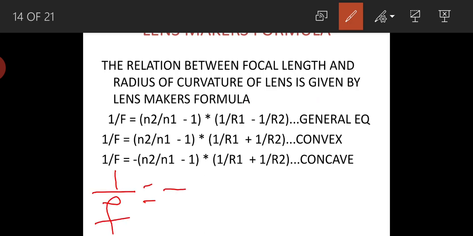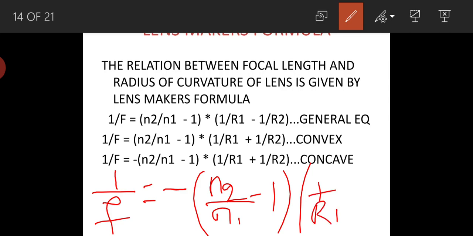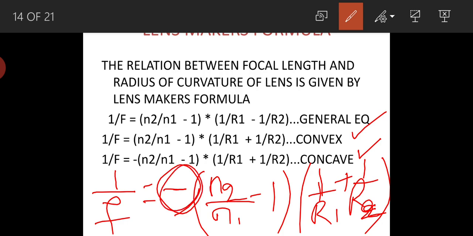So that is 1 by f is equal to minus (n2 by n1 minus 1) into (1 by r1 plus 1 by r2). This is the lens maker's formula for a concave lens. For both convex and concave the formula will be the same, with just a negative sign in a concave lens.